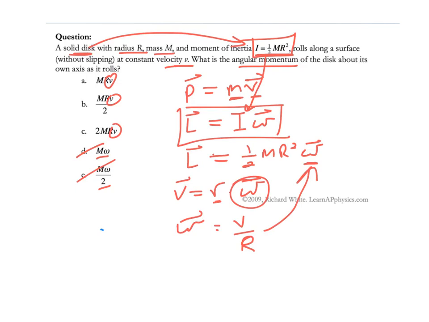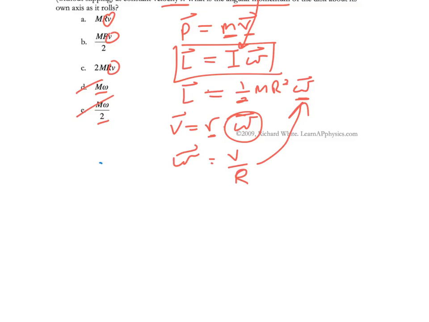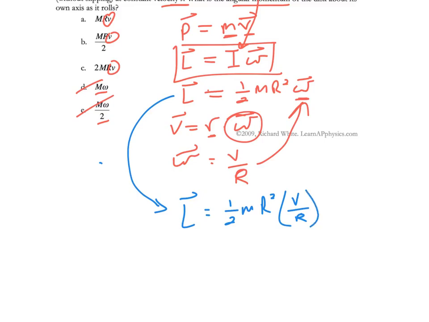All right, let me switch colors here because this is starting to get a little bit muddled. So let's rewrite this. My angular momentum is equal to 1/2 times m times r squared times velocity v over radius r.